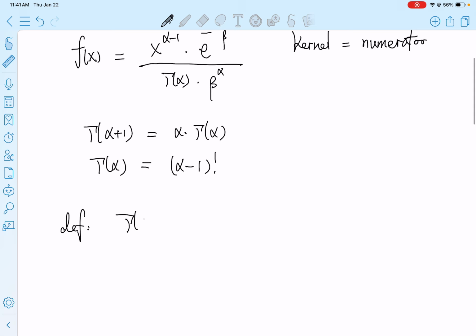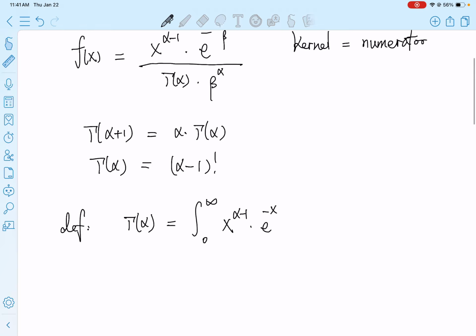Okay, and the definition of the gamma function is essentially just an integral. It is the integral for x from 0 to infinity of x raised to the power of alpha minus 1, and then e raised to the power of negative x.